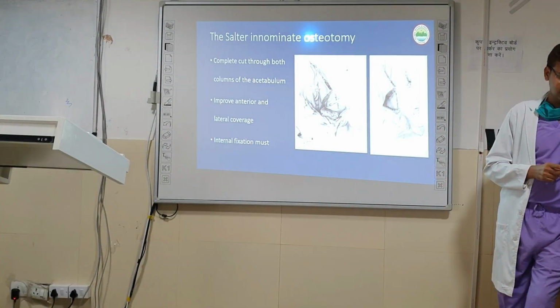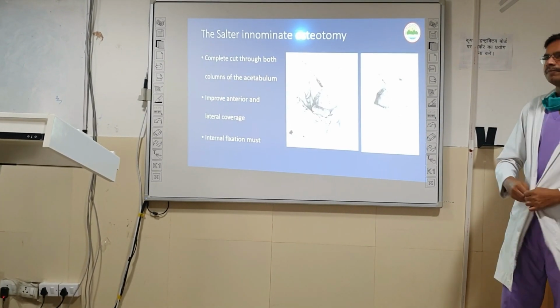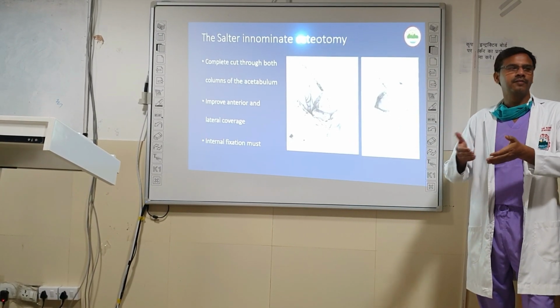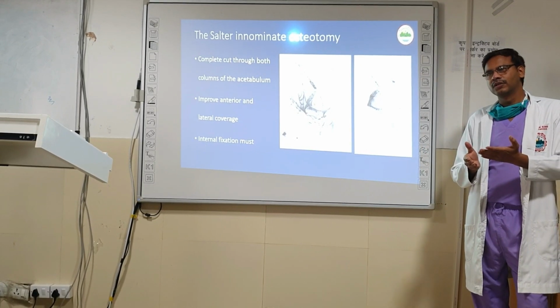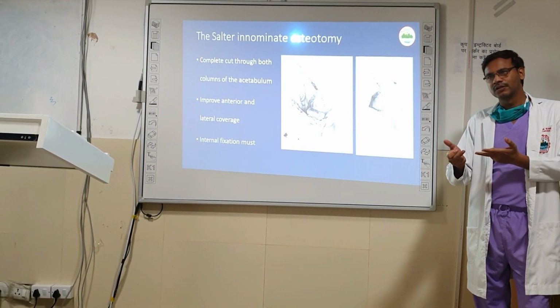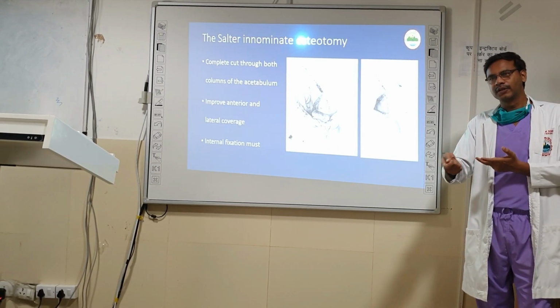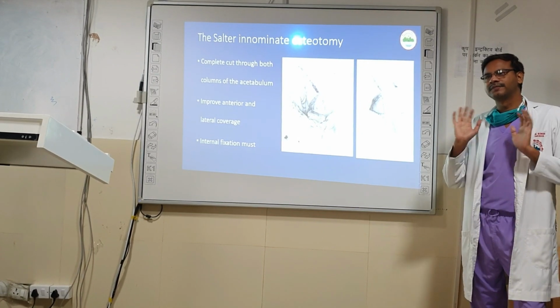Now the Salter procedure. Salter is a relatively easier procedure. But the problem is that you have to denude both sides of the innominate bone, the outer as well as inner. So what you do, you have to reach the sciatic notch. You put a curved artery forceps inside the sciatic notch and you pass a Gigli saw through that and you just take a straight cut.